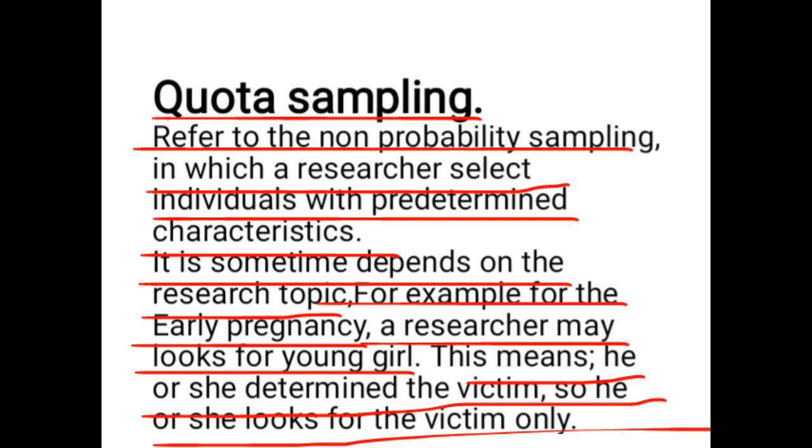So he or she looks only for young girls. So the characteristics of individuals to be included in a sample are predetermined, which is their age, the young girl. That is what we call quota sampling.